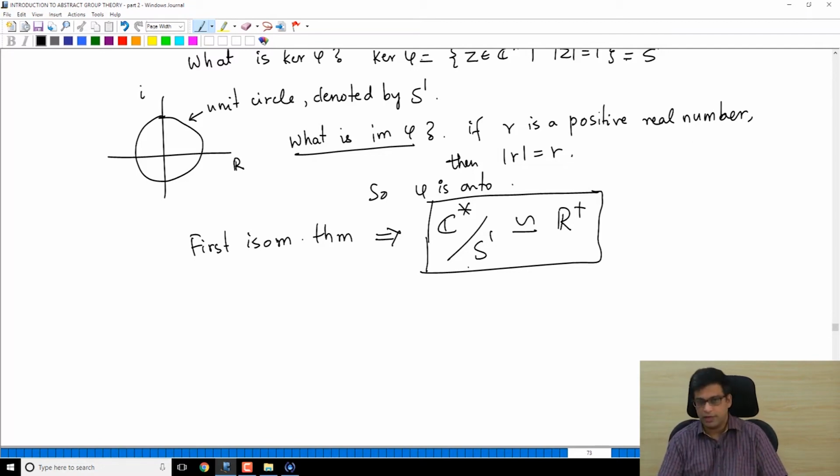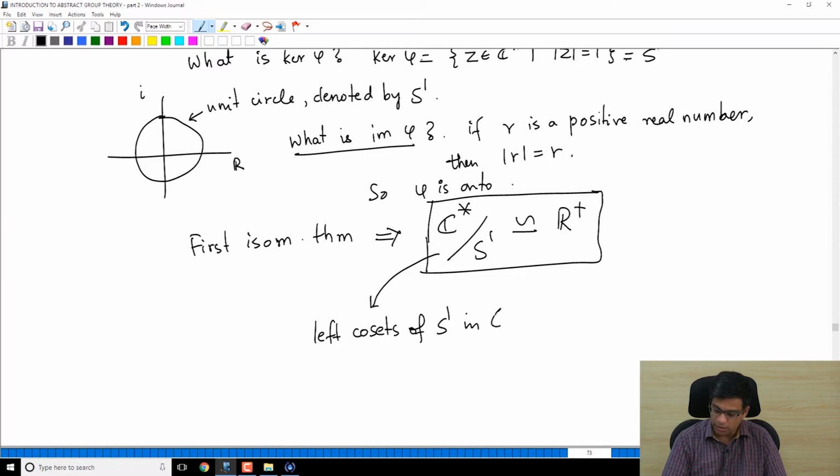You should spend some time to think about this example, and this will hopefully help you with understanding quotient groups. So C star mod S1 as a group is the set of left cosets, right? These are left cosets of S1 in C star, so these are of the form z S1 for z in C star.